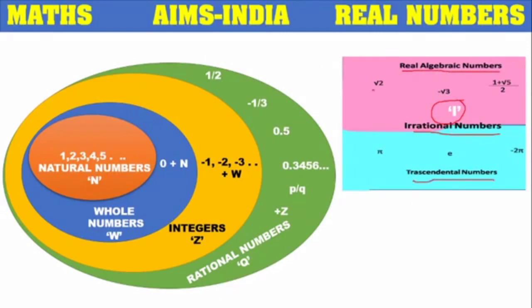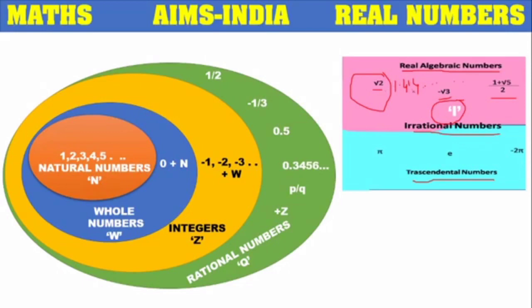So here if you observe numbers like √2, -√3, (1+√5)/2, √2 means what does it represent? We know the value of √2. It is 1.414..., like that its value will come.